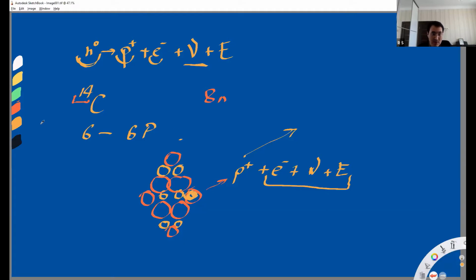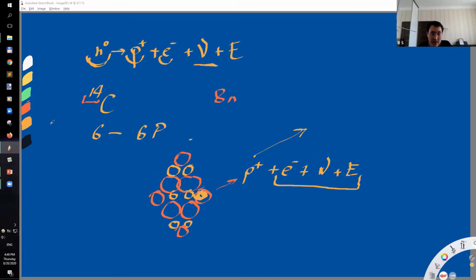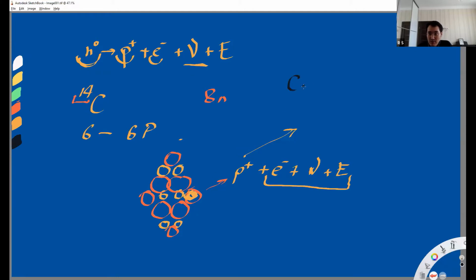And the proton plays the role of the identifier of the element, which means that from carbon with the atomic number of 6, it becomes 1, 2, 3, 4, 5, 6, 7. It becomes nitrogen with the atomic number of 7, and this electron will have high energy. That's why it will be counted as beta radiation.